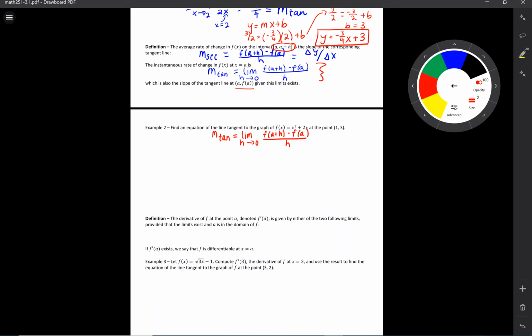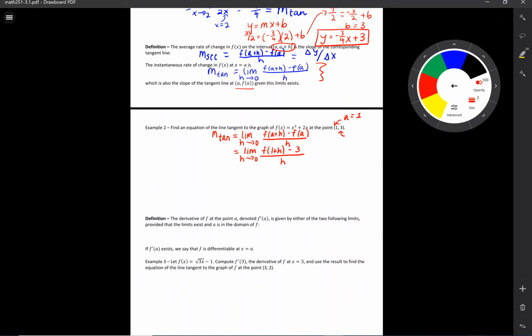So I need to find, oh, and what is our a here? Well, our x value here is 1. So this means that a is equal to 1. So we can go ahead and plug that in here. This is the limit as h goes to 0 of f of 1 plus h minus, well, f of 1 is just 3. So this is 3 over h.